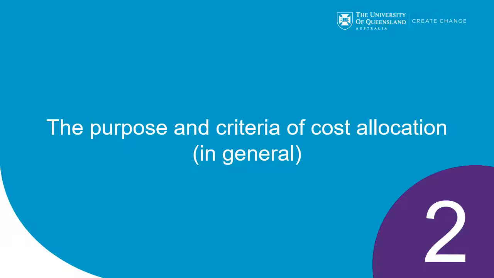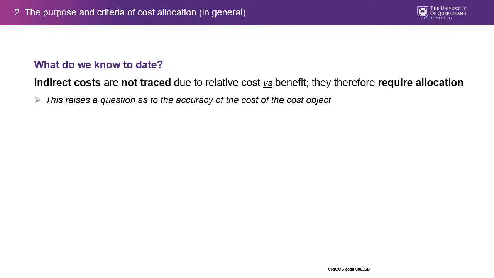So what is the purpose and criteria of cost allocation? What do we know to date? We know that indirect costs are not traced. That's the definition of indirect costs. They're not traced because it's not economically feasible to trace them to our cost object. So it's because the cost outweighs the benefit, and they therefore require allocation.